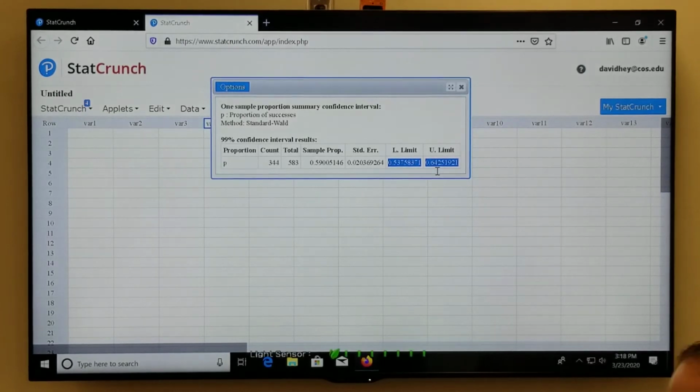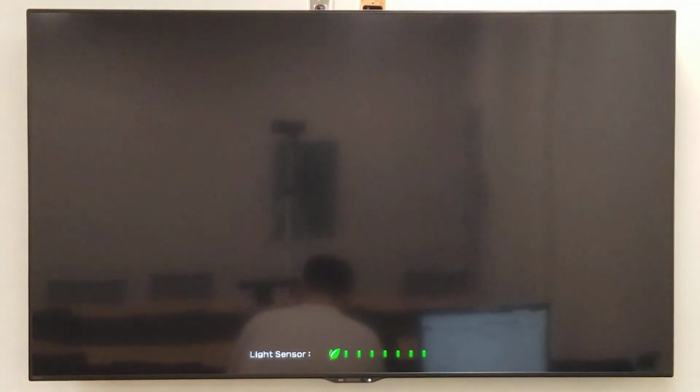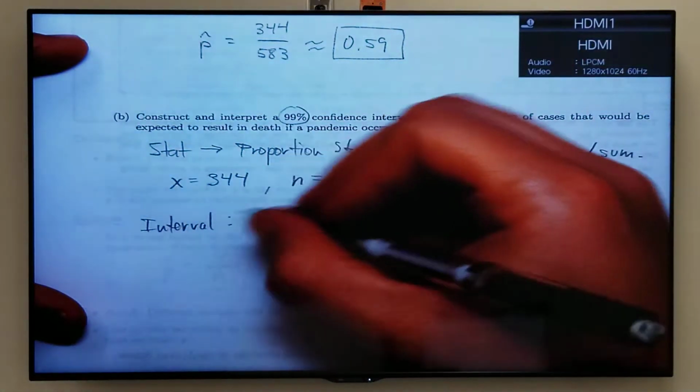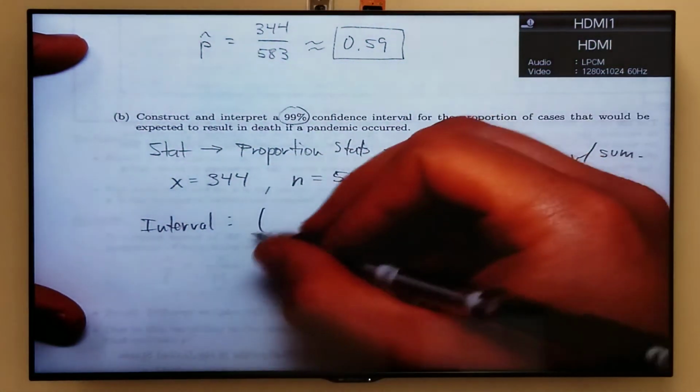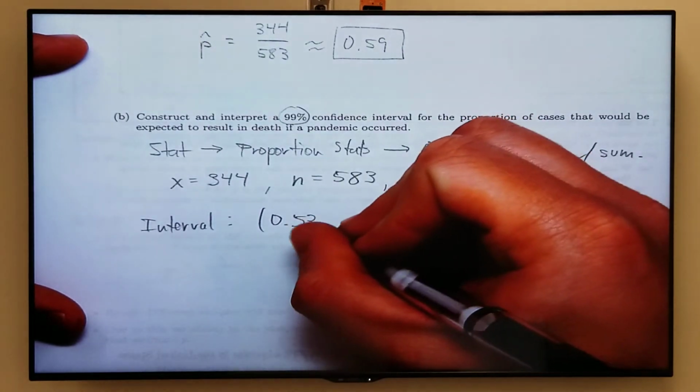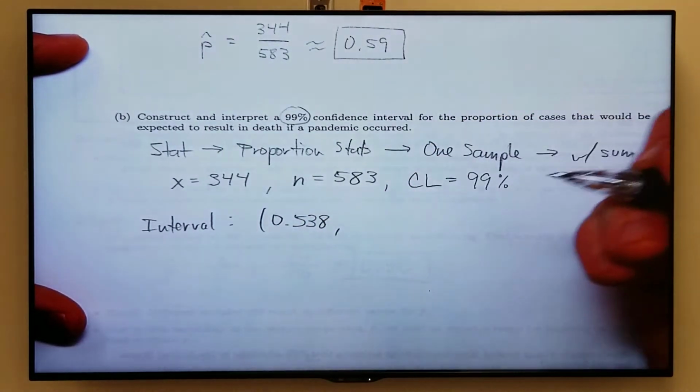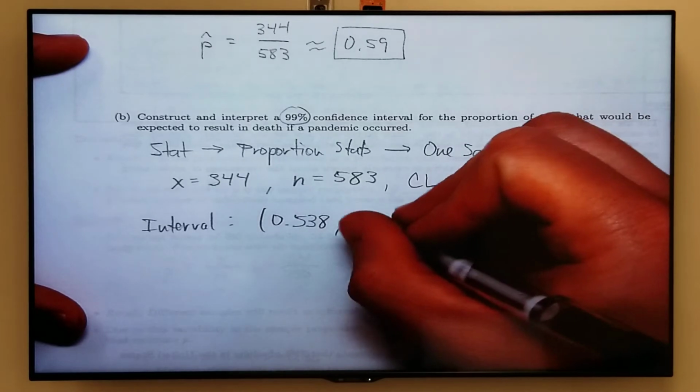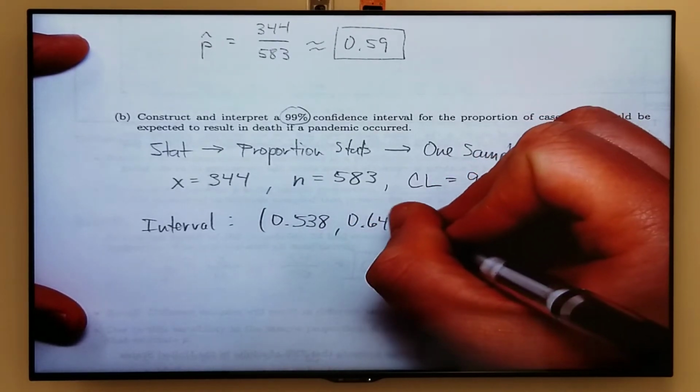So we can write that down as our answer. Our interval is, if we round it to 3 decimal places, 0.538 and 0.643.